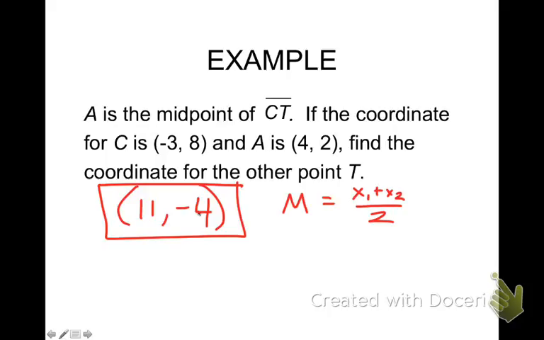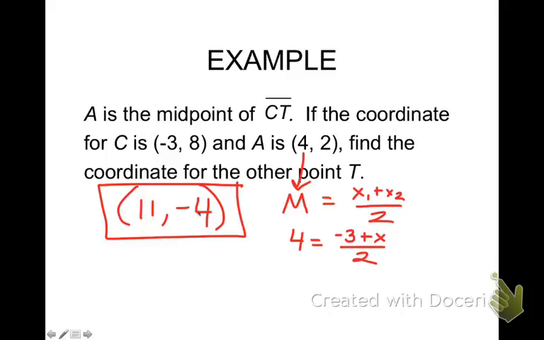Okay. Well, I already have my x-coordinate of my midpoint. What is my x-coordinate of my midpoint? It is 4. So I'm going to plug in 4 in place of my m equals. Now what's my x-coordinate of one of my endpoints? Negative 3 plus our unknown x divided by 2.